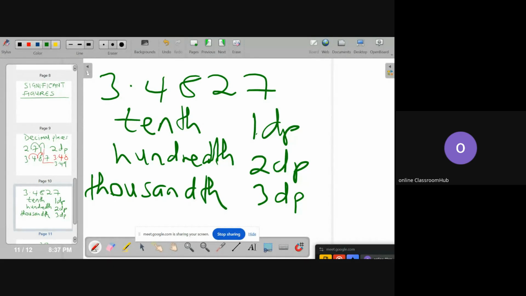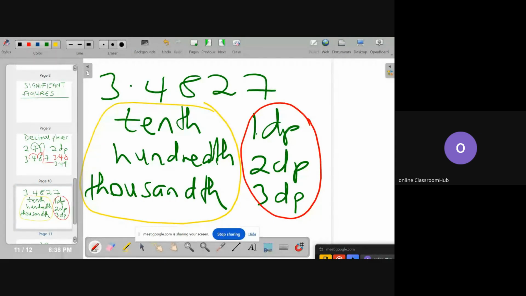So take note. 10th with a TH is the same as 1 decimal place. 100th is the same as 2 decimal places. 1,000th is the same as 3 decimal places. 10,000th, 100,000th, and so forth. So they may not use these words, 1 decimal place, 2 decimal places, rather they will use these ones. You should know they are the same thing. All right.